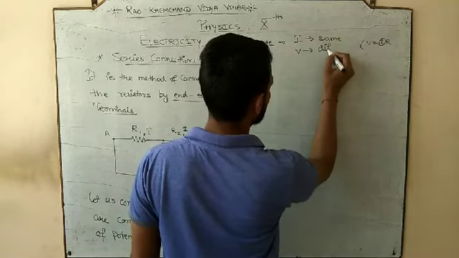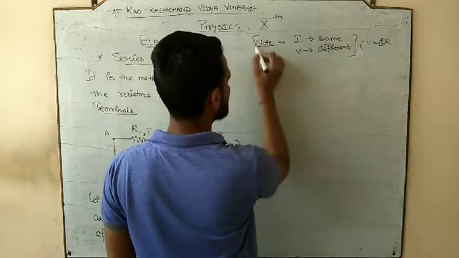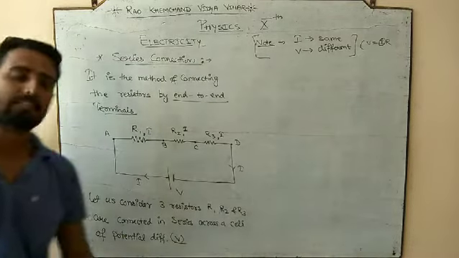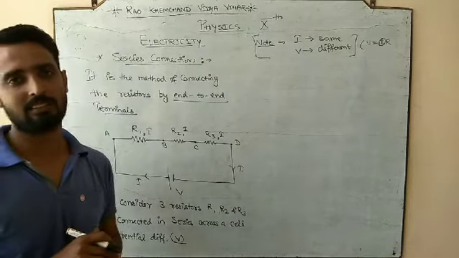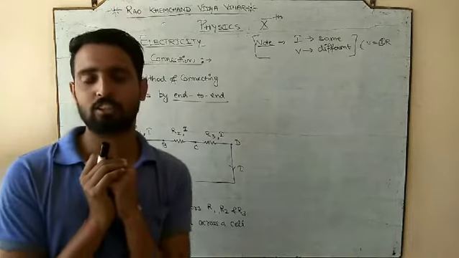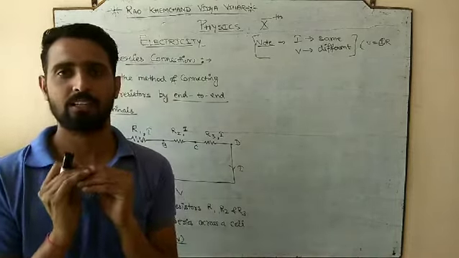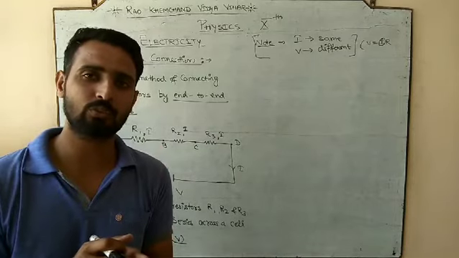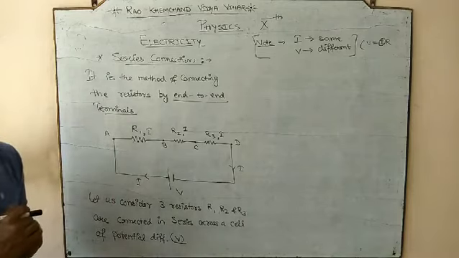And this is the key point that you have to remember about the series connection: the current through all the resistors which are in series is the same. So what is the difference in all the resistors which are in series? Potential difference is always different for everyone.